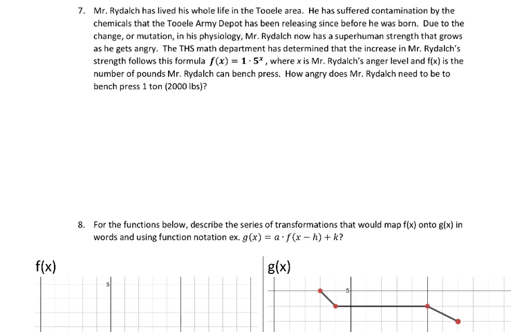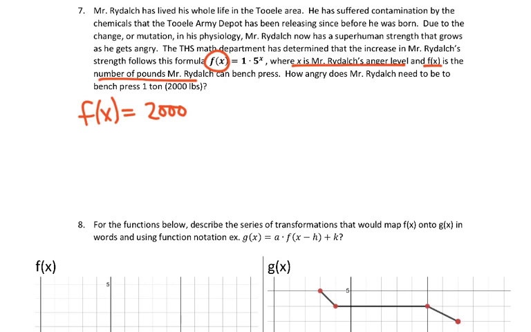Okay, so the idea here is to understand that when we're looking at this, x is the anger level, and f of x is the number of pounds. So this f of x is what we have. Essentially, f of x equals we'll do just 2,000 pounds.